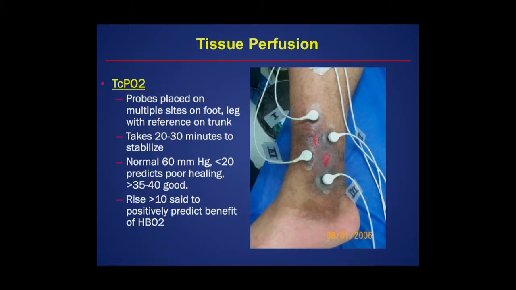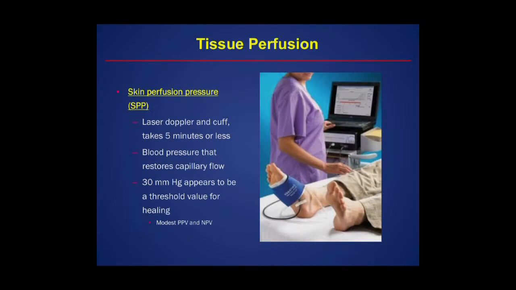But the rise in the TcPO2 can be used to predict who's going to benefit from hyperbaric oxygen therapy. Another tool that can be used is the laser Doppler, a machine that we've just acquired recently at the VA, and a pressure of 30 millimeters or less would be an issue with regards to healing.